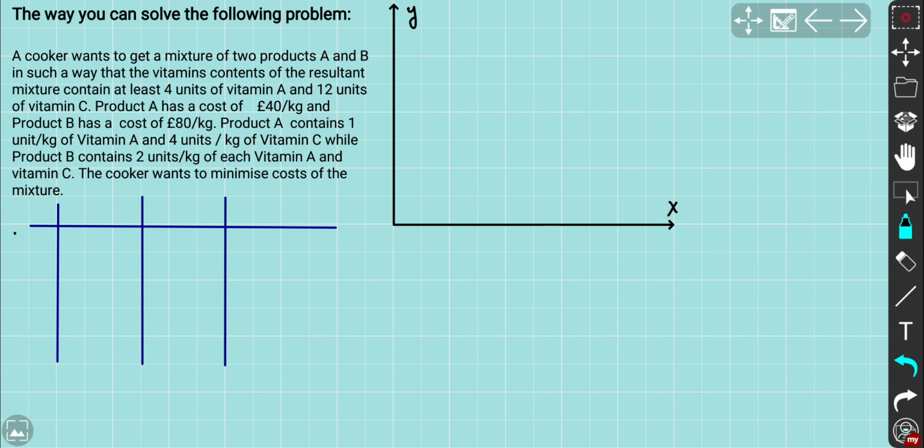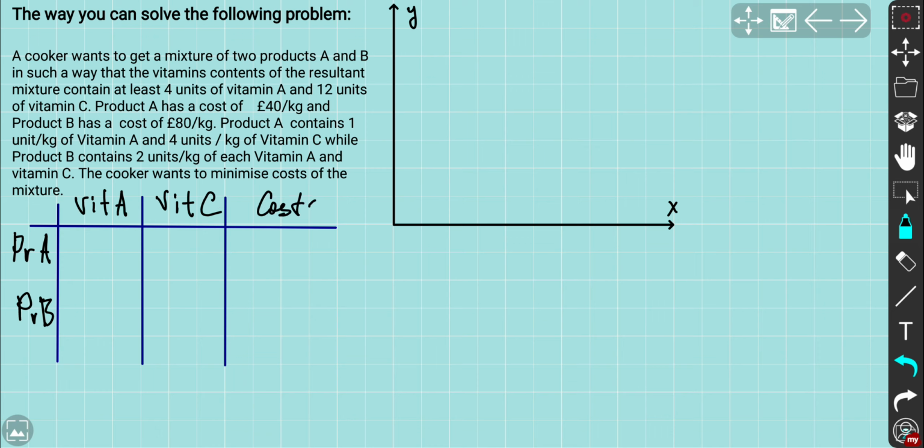Okay, so let's have a look at what we have. We have product A and product B. We have vitamins, I put A and B, oops, we actually have C in this case. And we also have the costs.